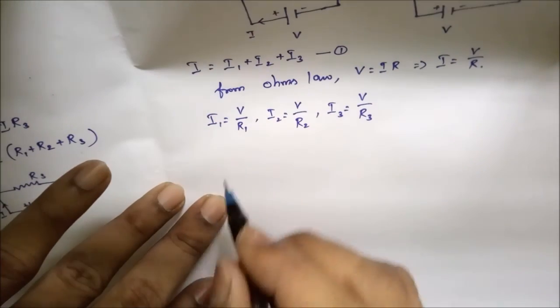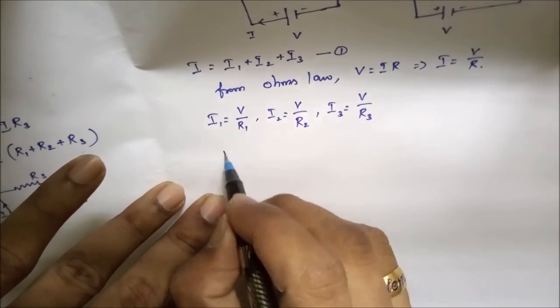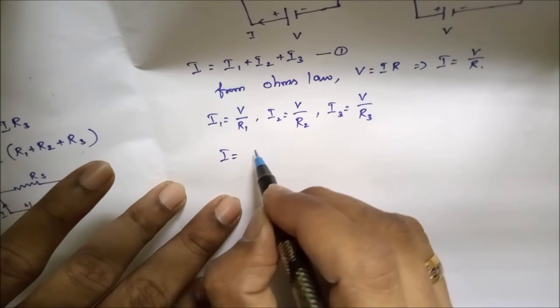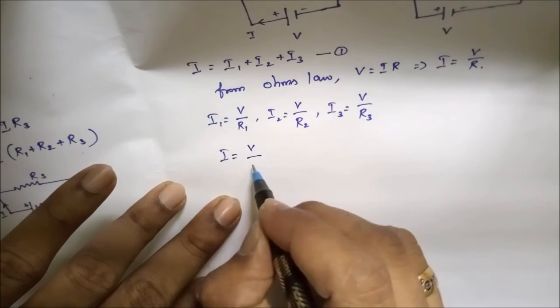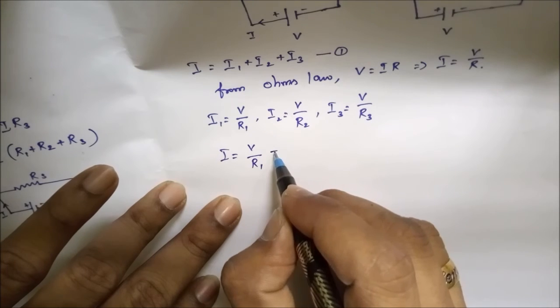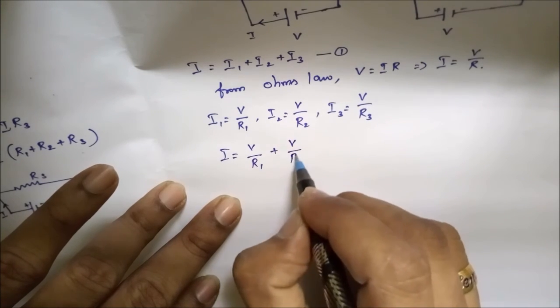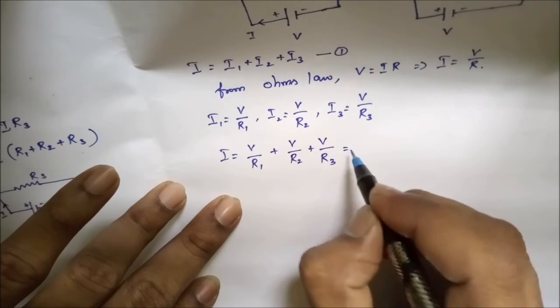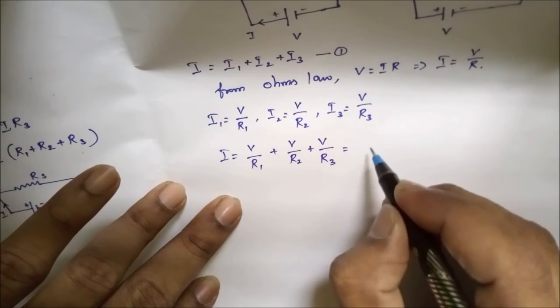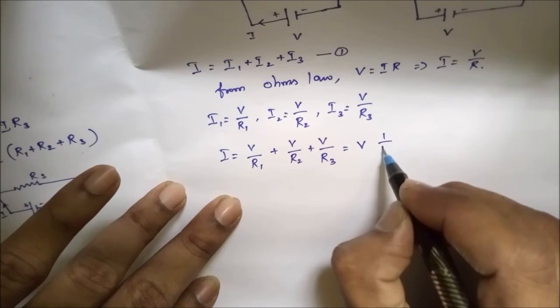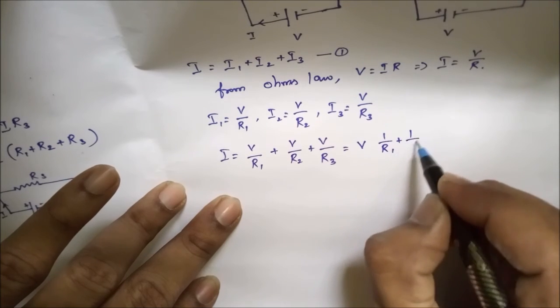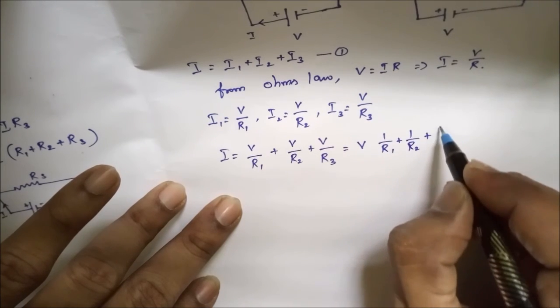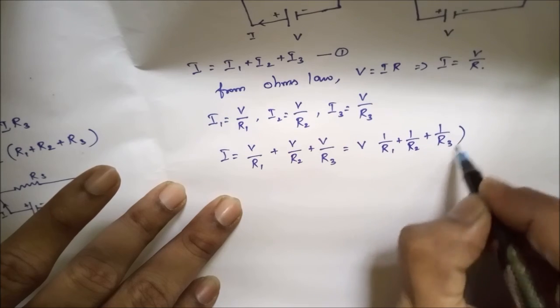Therefore I is equal to V divided by R1 plus V divided by R2 plus V divided by R3, and here V is common, so take it outside. So V times 1 divided by R1 plus 1 divided by R2 plus 1 divided by R3.